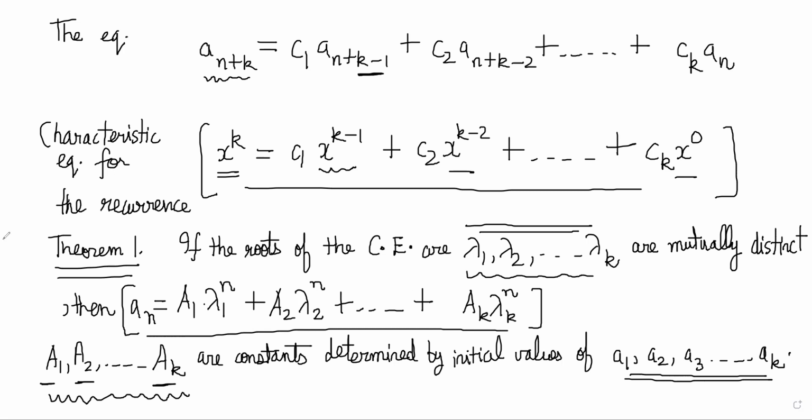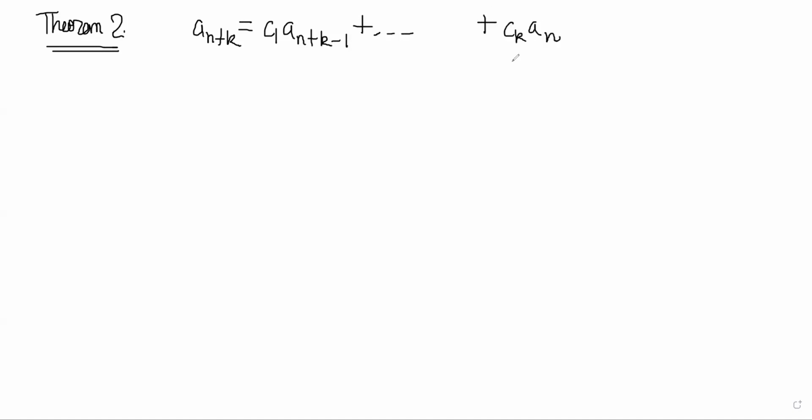Now the other case is when the roots are not mutually distinct, right? So our preliminary equation was this recurrence equation. And our characteristic equation was this.